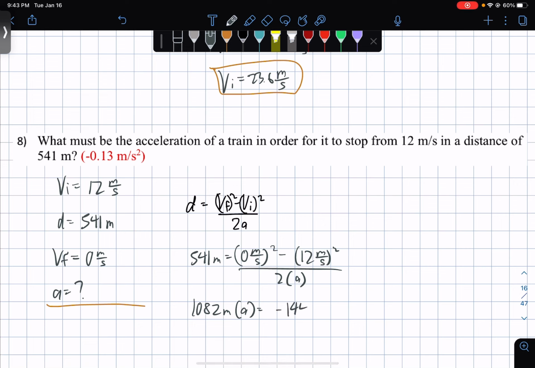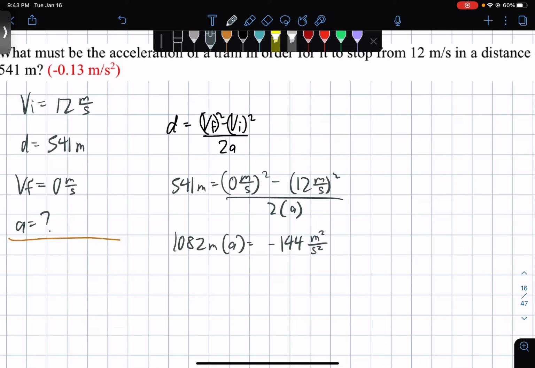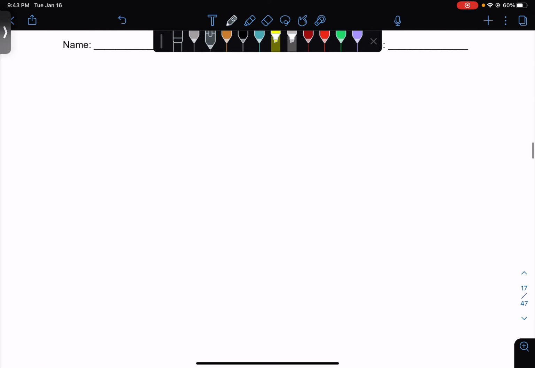You have negative 144 meters squared over second squared. Okay, negative 144 over 1082. That's going to be negative 0.13. And then because this is acceleration, the unit is going to be meters per second squared. We have the answer. Next.